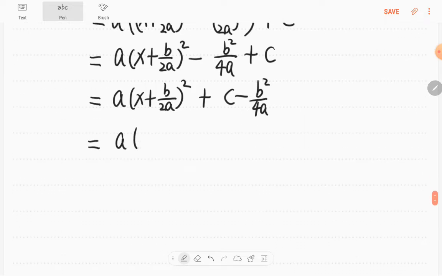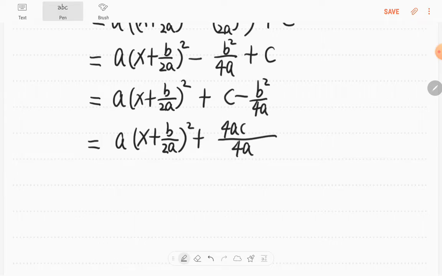So you will have a times (x plus b over 2a) squared plus 4ac minus b squared over 4a. Okay, so this is actually the a times (x minus h) squared plus k. This is the standard form.